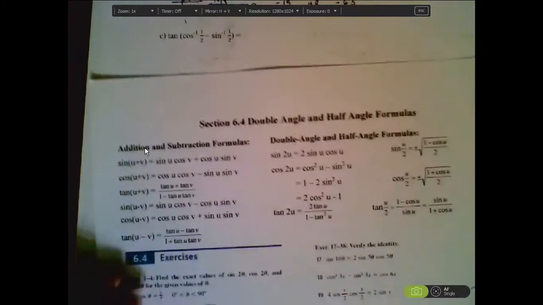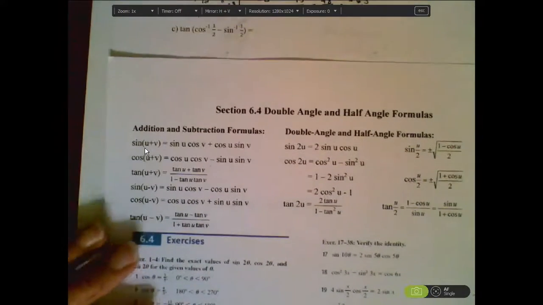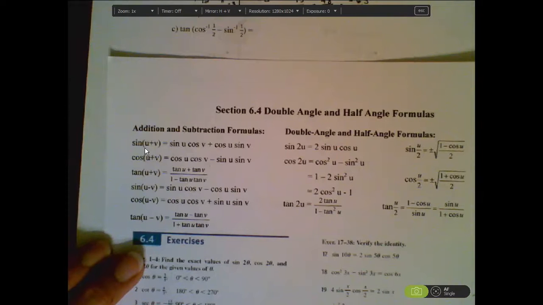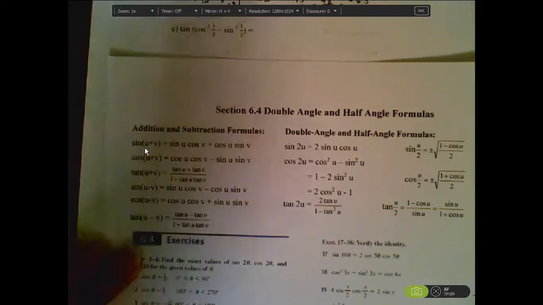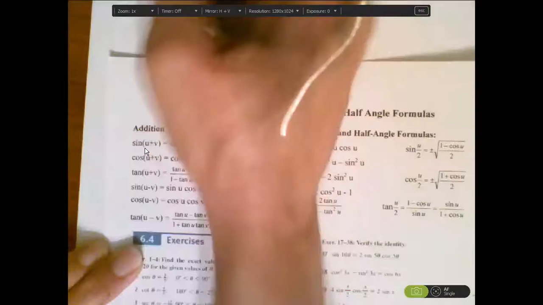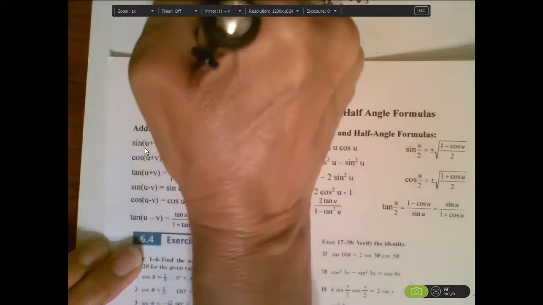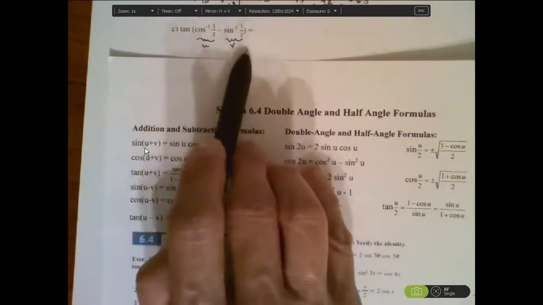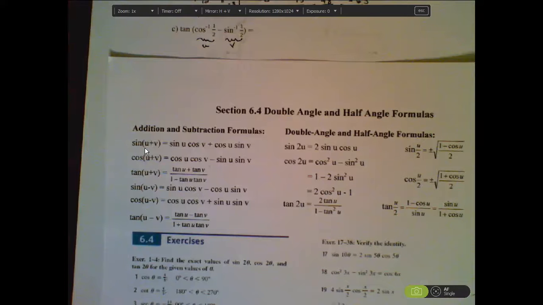All right, if you use that one as an idea of what to do on the C part of number 18, it's going to basically be the same. I could call this my angle U and this my angle V, and draw a picture of angle U and a picture of angle V, or it may be easier than that.